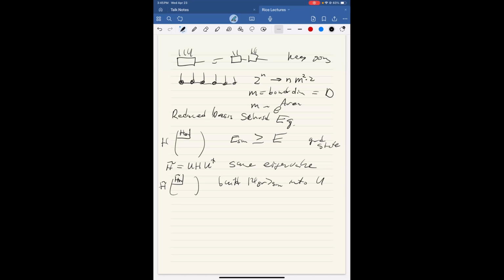So it's an idea. You know, it's not a fleshed out idea because it's problem specific. Okay, but it's a very general approach that can eventually get you to the ground state.